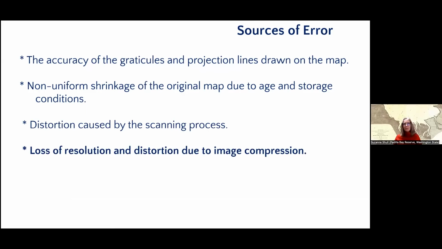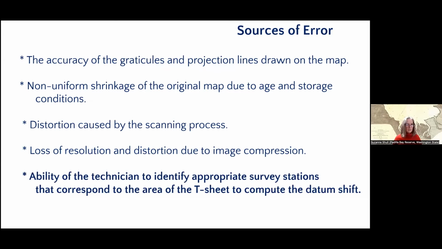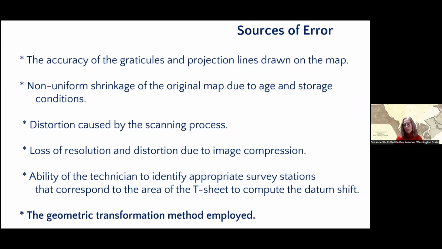There's also loss of resolution and distortion due to compression, when you scan it and store it as a TIFF image or JPEG. And there's the ability of the technician to even identify which of those crosshairs represent the NAD 27 datum reference, or is that even an NAD 27 datum? And finally, the geometric transformation that I just spoke about, the different transformations that you can use, can definitely affect your results.